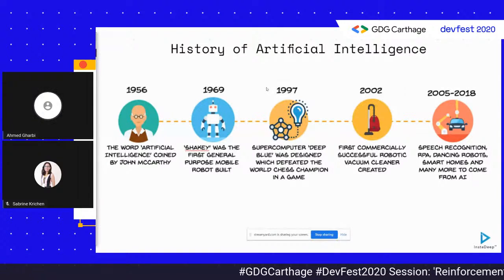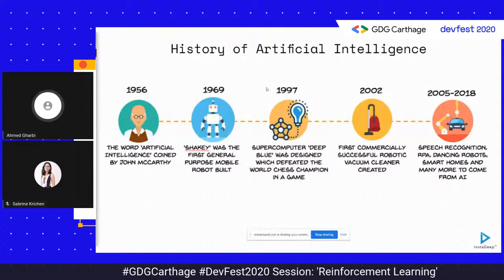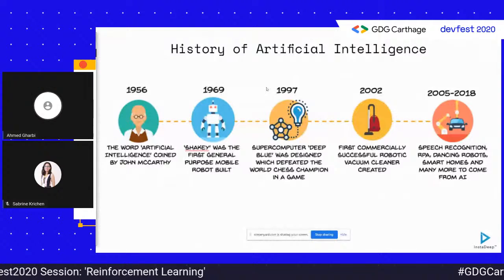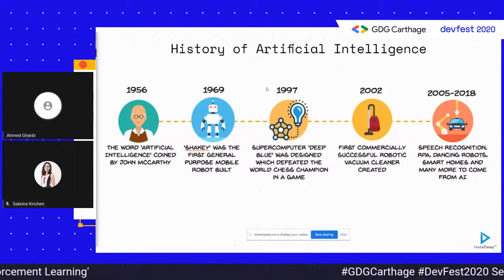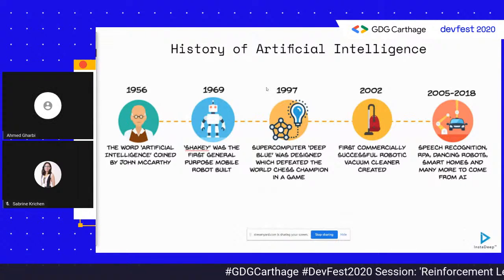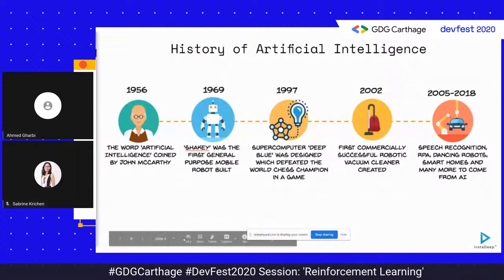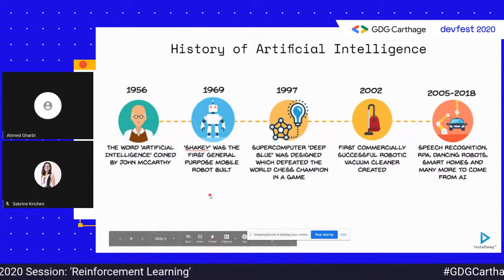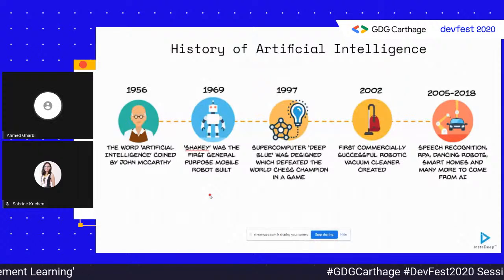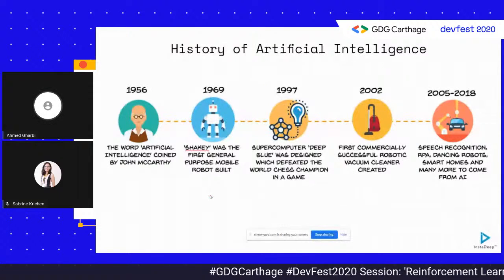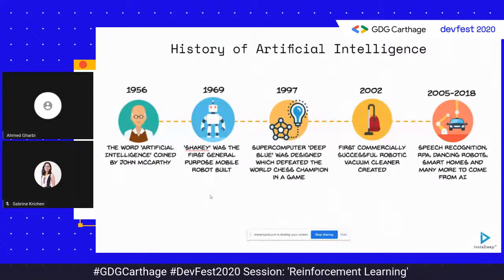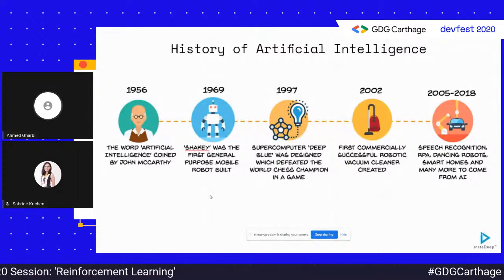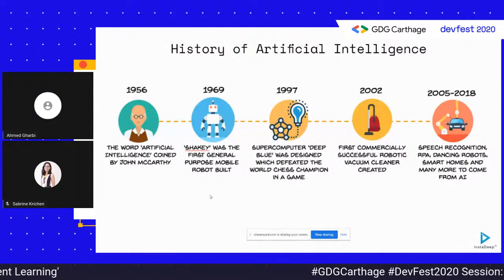So one fun fact about the match: Kasparov, the reigning world champion of that time, accused IBM of cheating later on. 2002 saw the invention of the first autonomous robotic vacuum cleaner. It was called Roomba, and Roomba had intelligent programming and a self-drive mode, which allowed the machine to clean autonomously without human control.